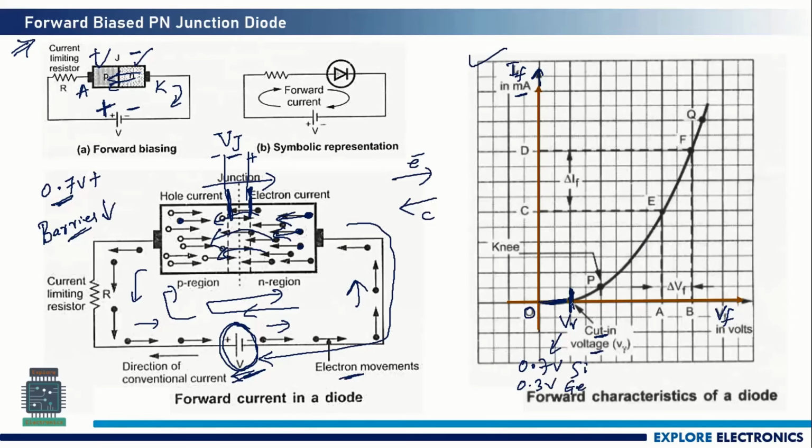After this voltage, current starts to increase as voltage increases. You can see the difference in voltage from this point to this point, and there is an increase in the current, which is delta IF. So this is the forward characteristics of the diode connected in forward biased condition, and current will be directly proportional to the voltage we apply.